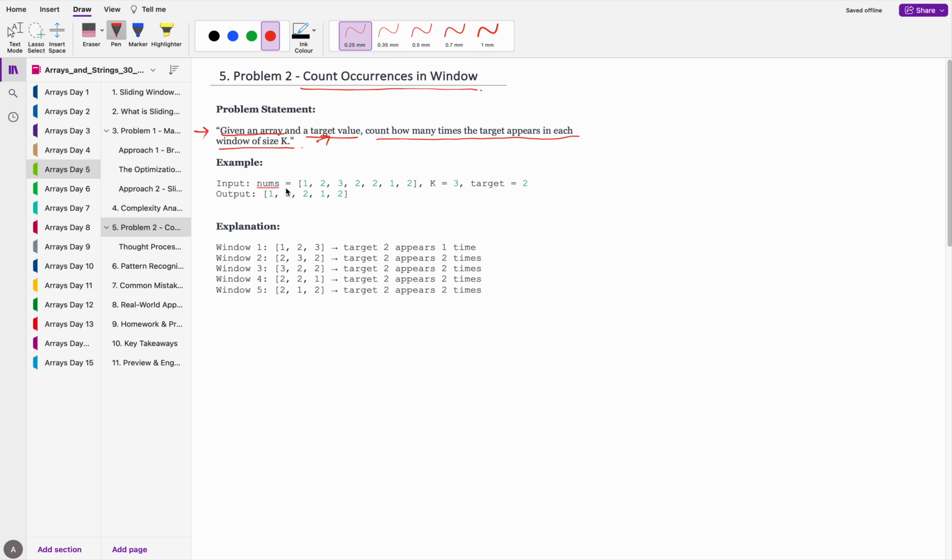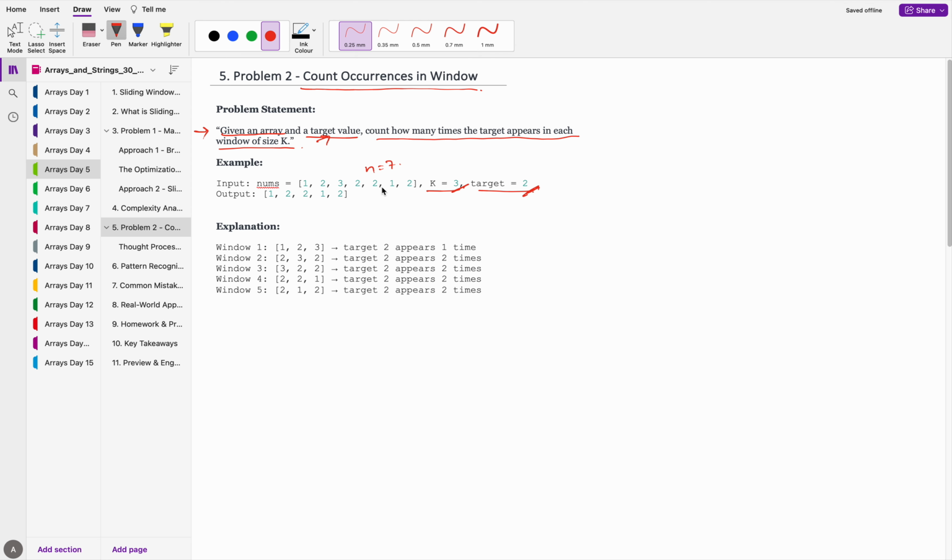You can see here, for this nums array 1, 2, 3, 2, 2, 1, 2, the number of items is 1, 2, 3, 4, 5, 6, 7. So I can say n equals 7, and you can directly get it from nums.length. Window size is 3 and target value is 2. So you need to count the occurrence of 2 in every window of size 3.